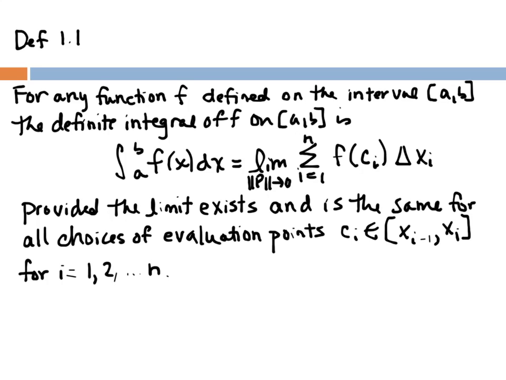So this condition is not possible, at least as a general statement, if we have a finite number of rectangles, but our rectangles are becoming infinitely many. So that evaluation point will happen to be the same because the size of the intervals goes to 0.